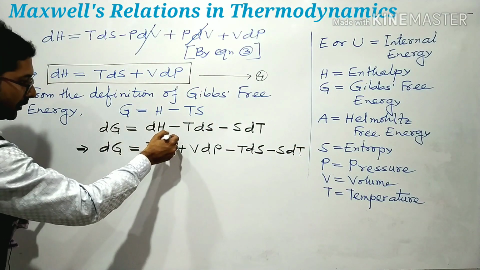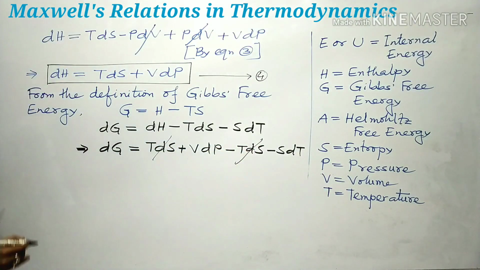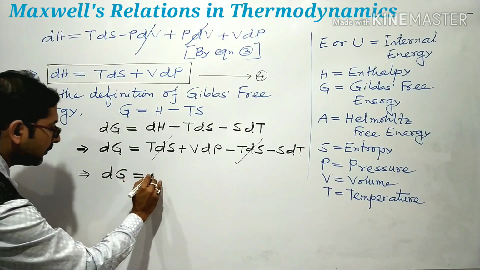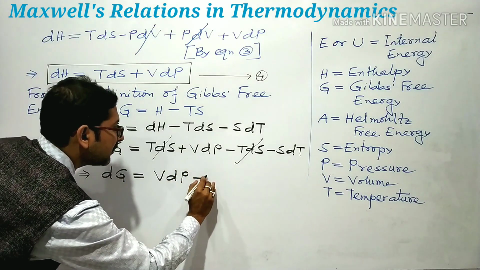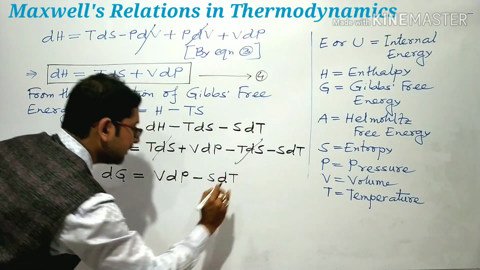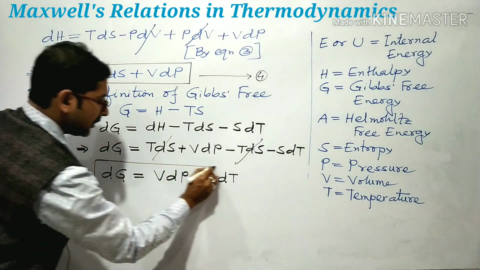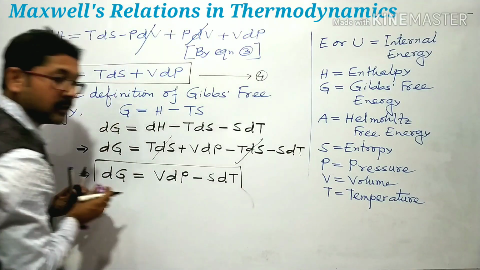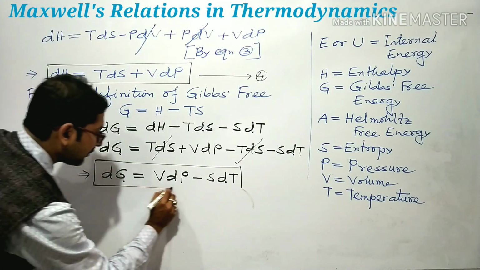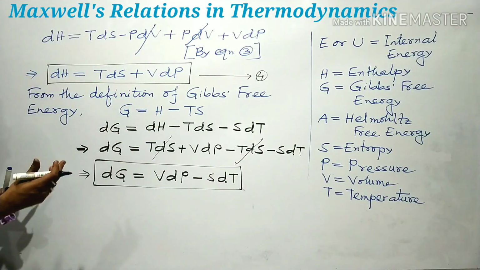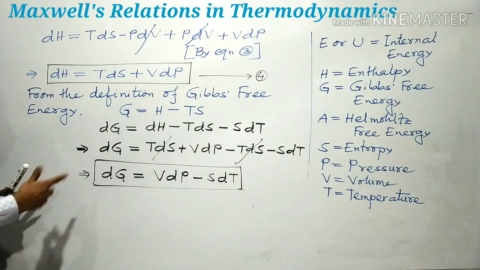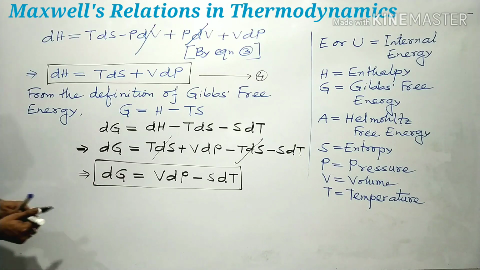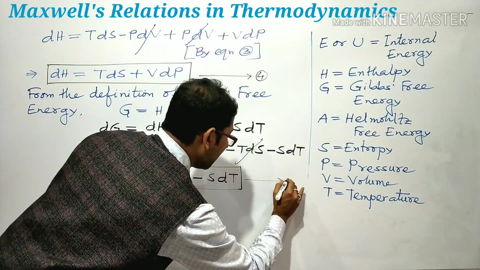Now these two terms cancel out, gives us dG equal to VdP minus SdT. This relation is very important for different competitive exams like NEET, JEE Mains, JEE Advanced. इस रिलेशन तो हमेशा ही आते हैं एग्जाम में. Okay, this is our relation number 5.